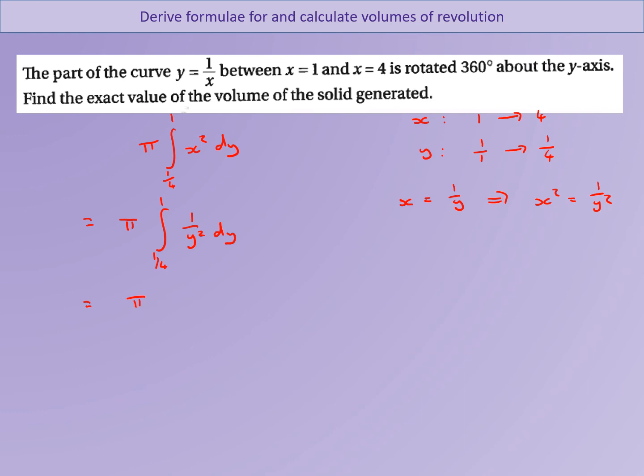To integrate this, we need to rewrite 1 over y squared as y to the power minus 2 so that we can do the integral. This gives us minus y to the power minus 1, or minus 1 over y.